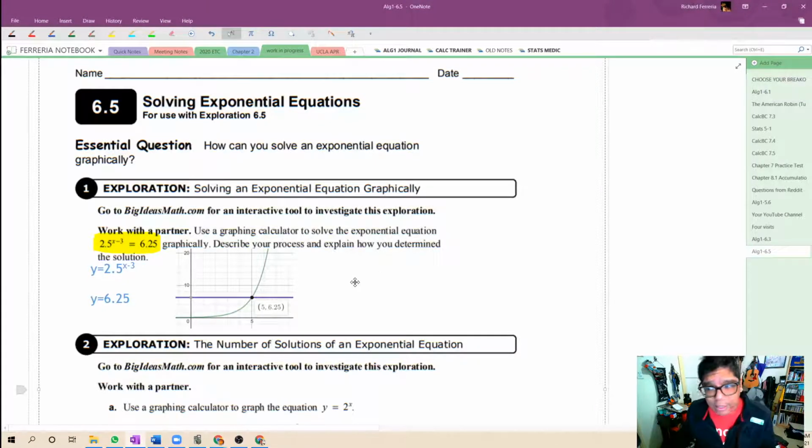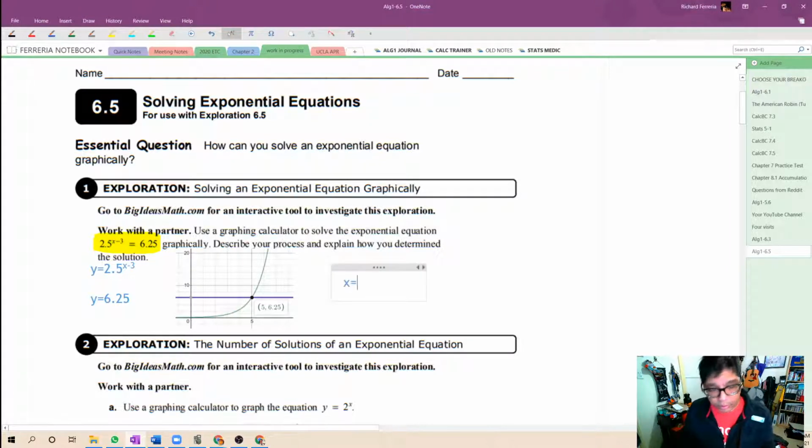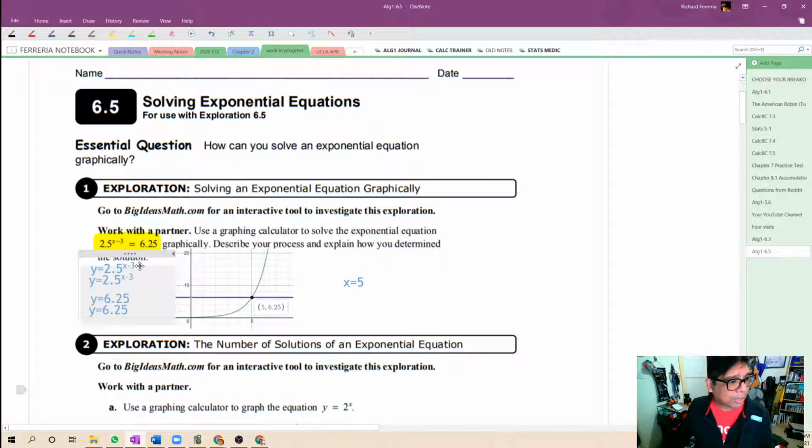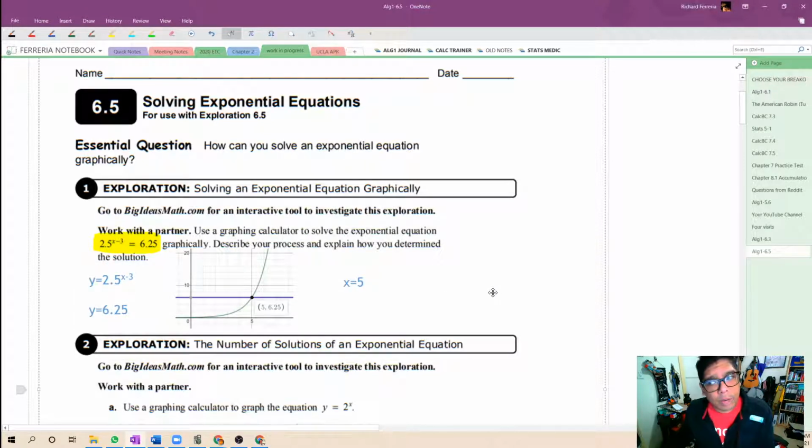So looking at this equation, remember we have 2.5 to the x minus 3. What we were looking for here is actually the x-coordinate, and our x-coordinate is x equals 5. So that's our solution. I think you're going to love solving things graphically. I know you liked it last chapter, and this chapter it's basically the same thing, just different looking equations.